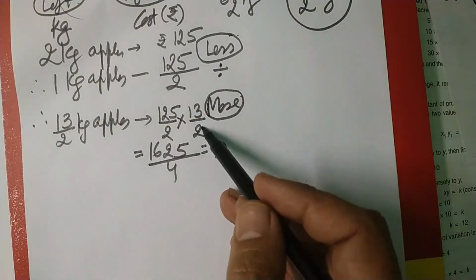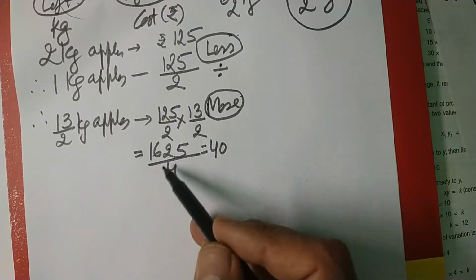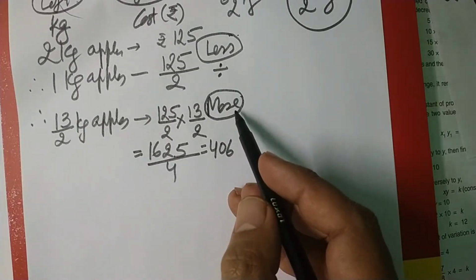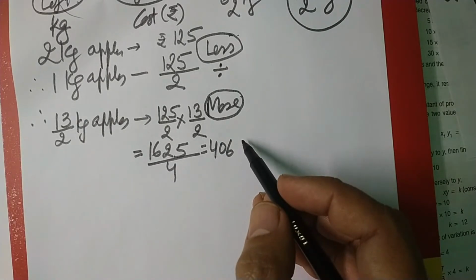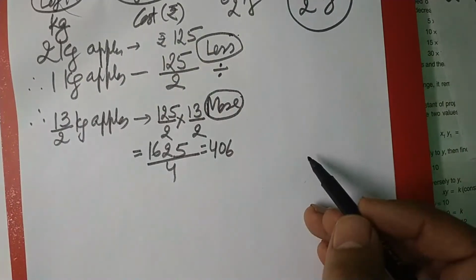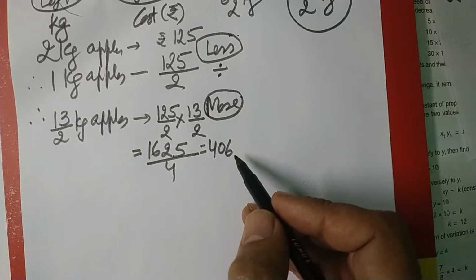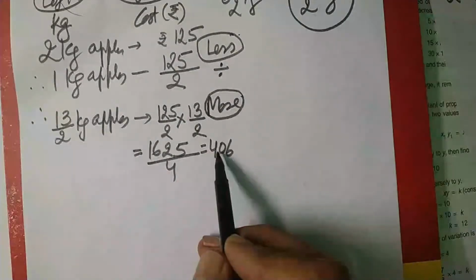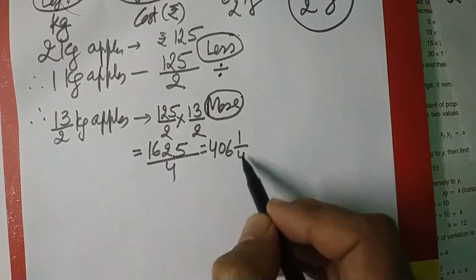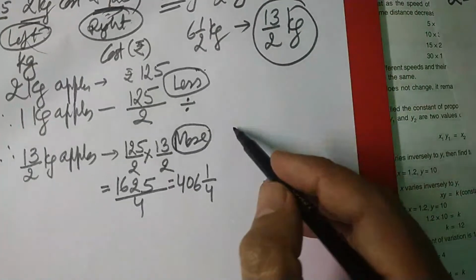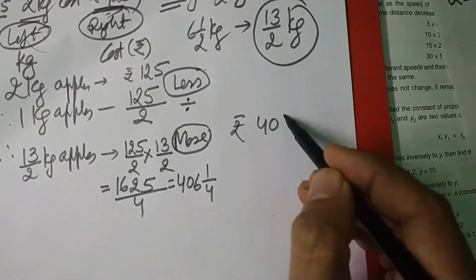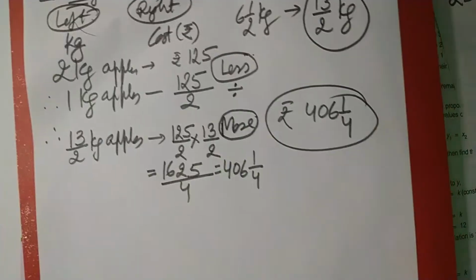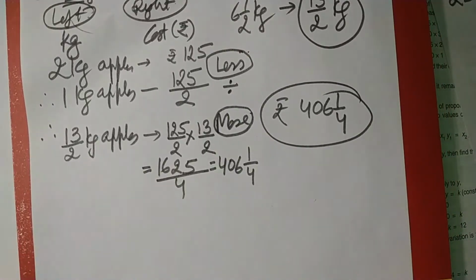So when you multiply and then divide, 4 6 are 24, and since the question is given in fraction, I can write the answer in fraction also. So 406, and 1 upon 4. So it will cost rupees 406. This is your answer. So 13 upon 2 kg apple will cost 406.